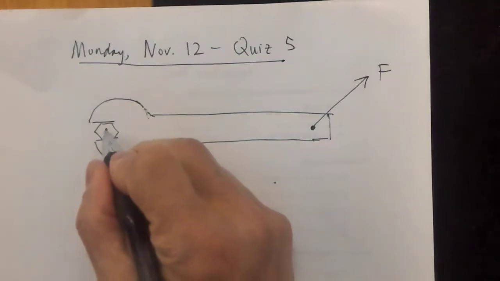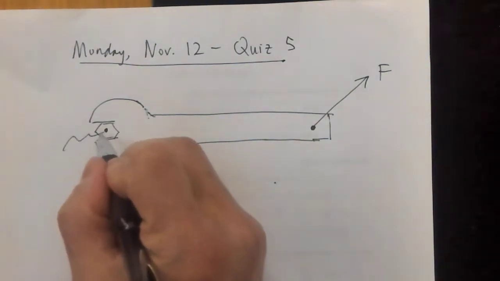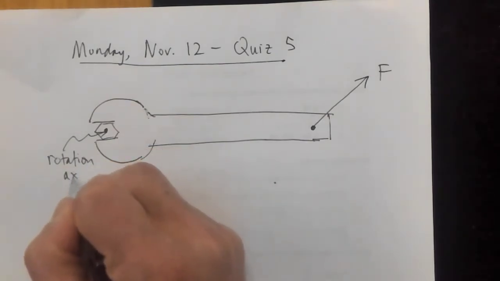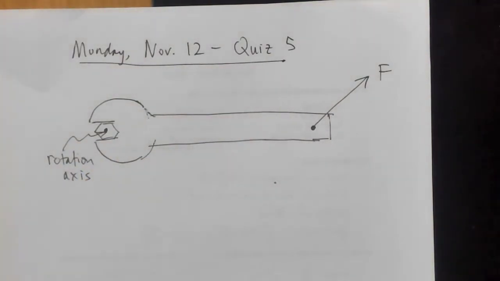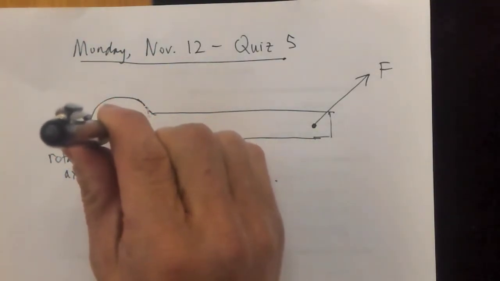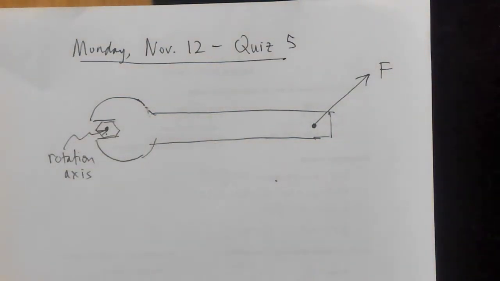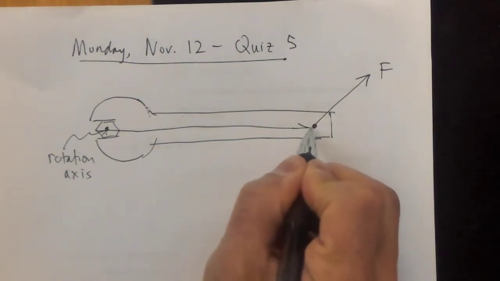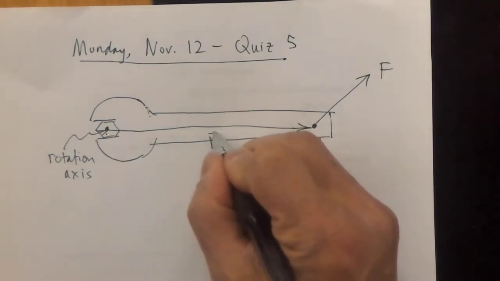And this is the rotation axis. So whenever we talk about torque, we need to know which axis we're rotating. So remember, this is a three-dimensional perspective, so the rotation axis is actually a line going through that point. And then there is this lever arm vector, which we just usually call R.